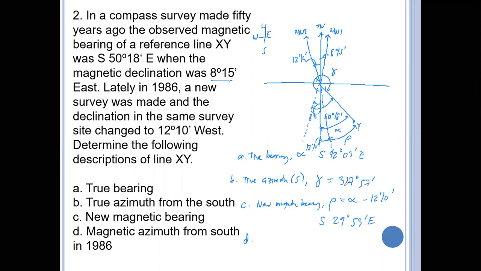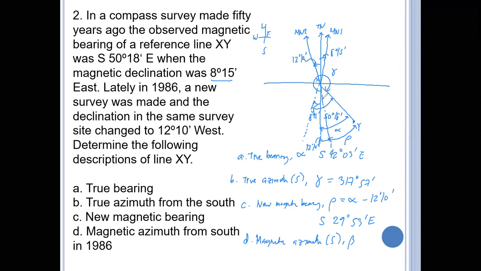Then the fourth one, magnetic azimuth naman, from the south, in that year, 1986. So we can use beta. So magnetic azimuth from the south.